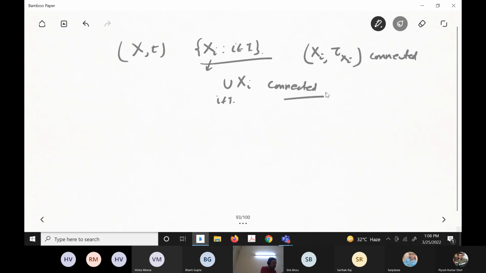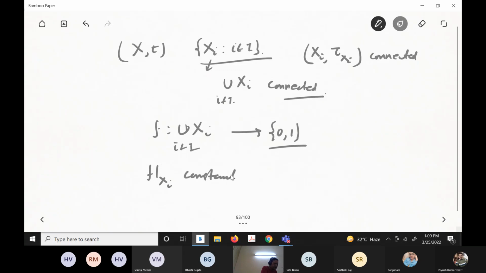Now look here, what I prove. The proof is very simple. Here I am taking a function to the two-point space, the discrete space. When you restrict to each X_i, it will be constant, because it is connected. I am using the functional characterization of connectedness.